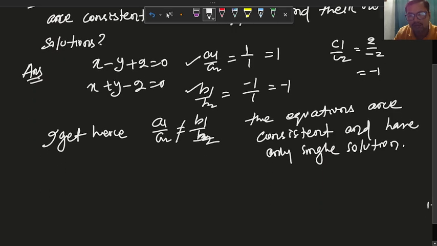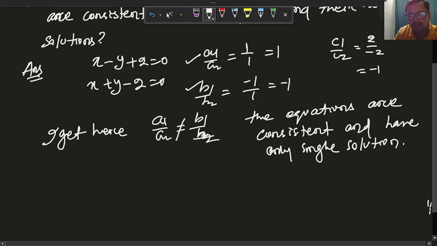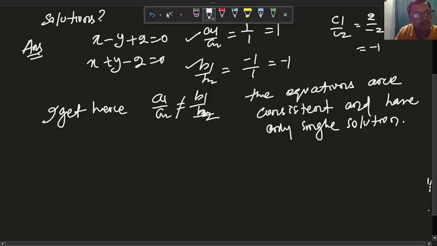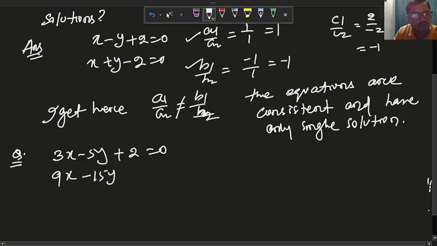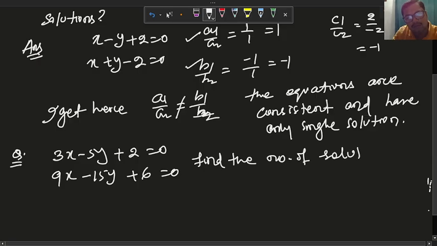Another question. 3x minus 5y plus 2 equal to 0 and 9x minus 15y plus 6 equal to 0. Question here, find the number of solutions.